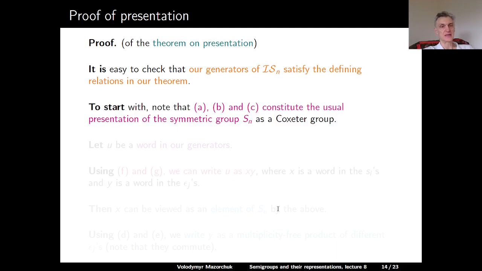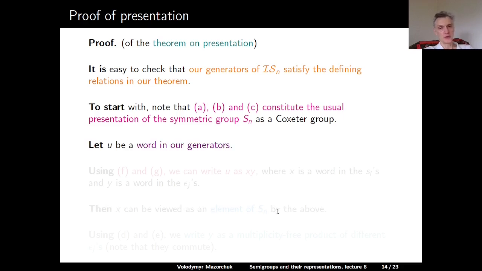For this, let us start with the fact that the relations A, B, and C constitute the usual presentation of the symmetric group Sn as a Coxeter group. Recall that A says that S_i squared is the identity, and B and C are the braid relations: distant S_i's commute, and neighboring S_i's satisfy the short braid relation.